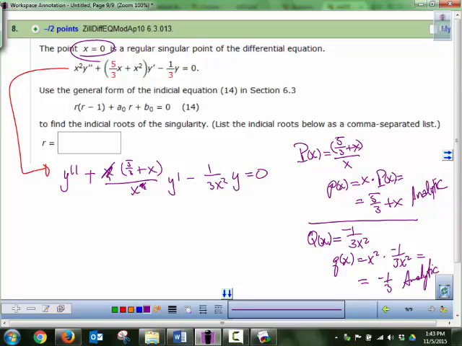Now the next thing they ask is, what's A naught and B naught? The idea is to write little p and little q as a power series. But it's already a power series with everything else as 0.